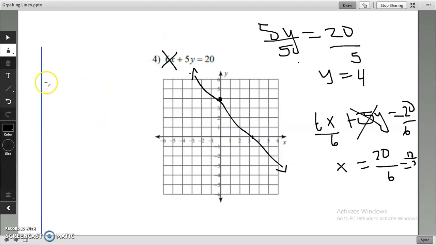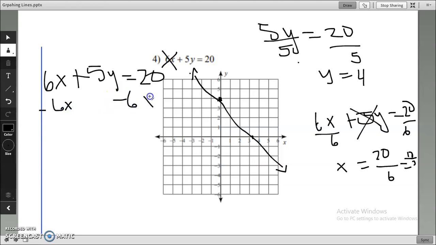So let's go ahead and change this one though to slope-intercept form. So I have 6x plus 5y equals 20, and I'm solving for y. So I'm going to subtract 6x from both sides. And I get 5y is equal to negative 6x plus 20.